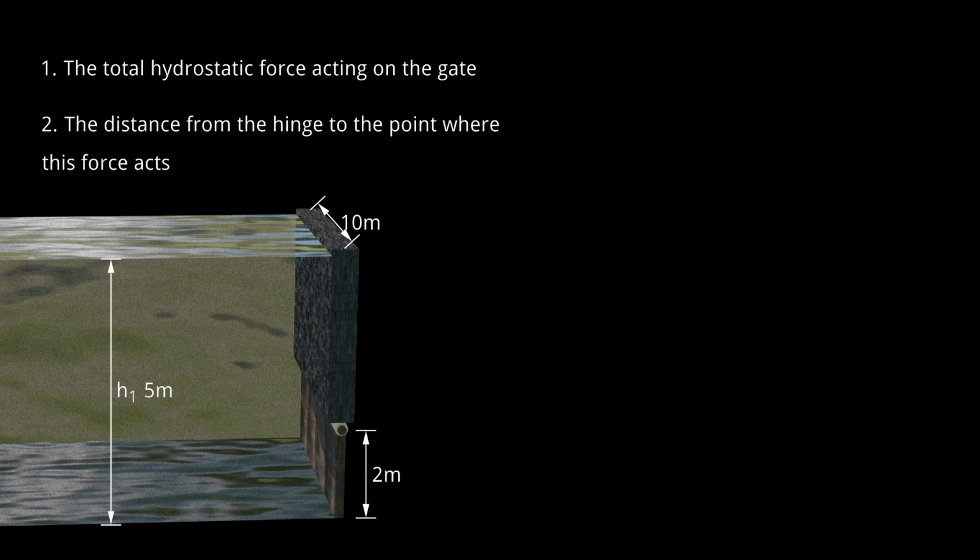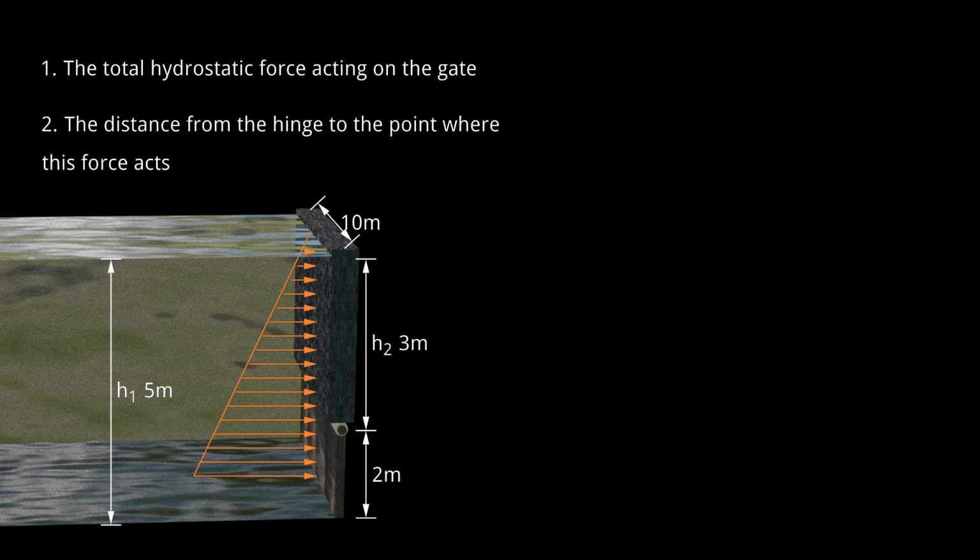We can illustrate this variation in pressure using a set of arrows drawn perpendicular to the wall and gate. These arrows are shorter at the top and gradually become longer toward the bottom, showing how the force increases with depth. This pattern is referred to as the pressure distribution across the submerged surface. It's important to note that the force at any point on the surface always acts perpendicular to it.